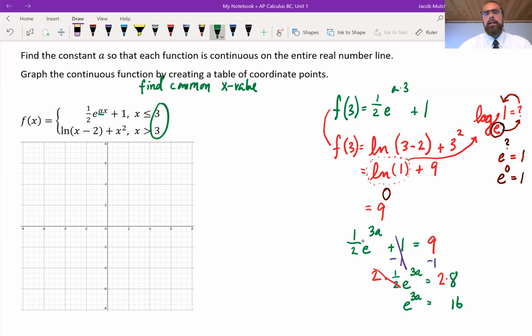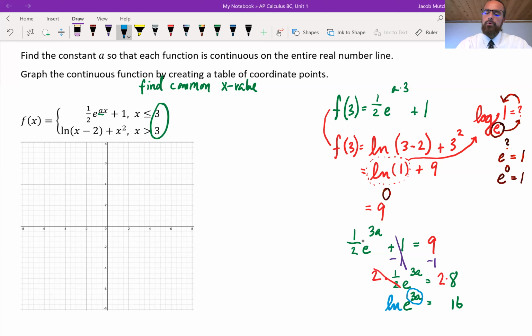So at this point, I've got to deal with the fact that the a is in the exponent, and I need to think, what's a strategy I can use to bring it down to the main level? So recall from your study of logarithms that I can take the natural log, and that will do exactly that.